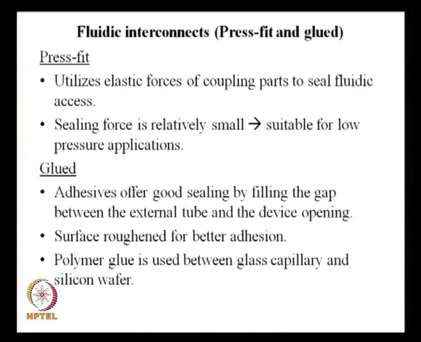Glued means adhesives offer good sealing by filling the gap between the external tube and the device opening. So, you have an external tube and you have a device opening. That means you have this device, on top of that you put a lid, and then you etch a hole. If it is silicon, then you etch using the deep reactive ion etching technique, because that technique will give a hole of high aspect ratio.